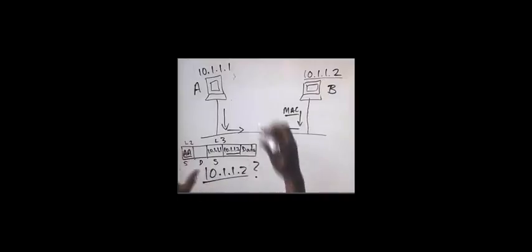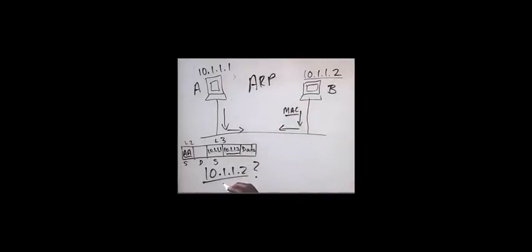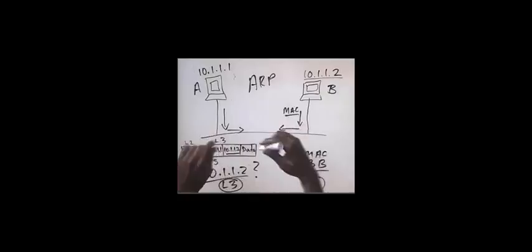So what ARP is, Address Resolution Protocol, ARP maps a layer 3 address that we know to a layer 2 address that was unknown. We'll abbreviate that by just simply saying BB for the MAC address there. So this is what we do with ARP. It's the mapping of a layer 3 address to a layer 2 address.